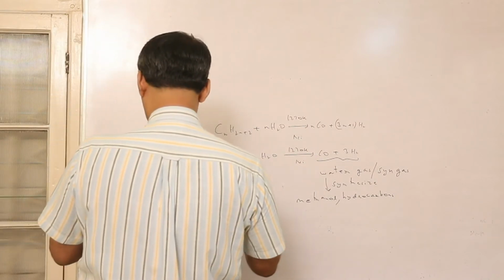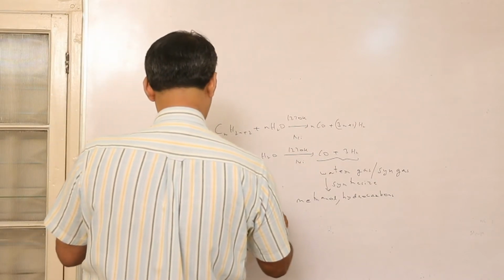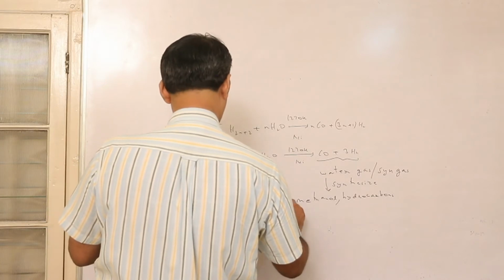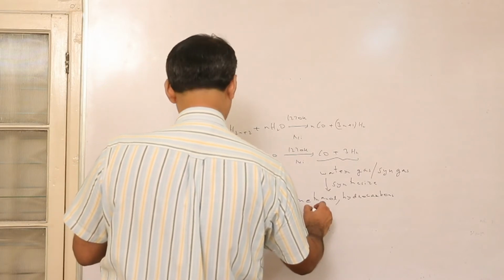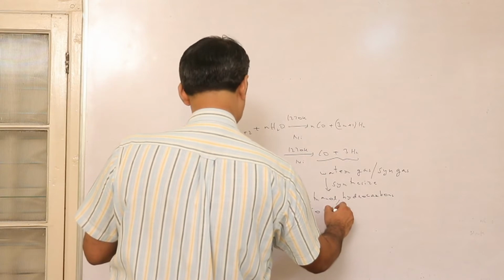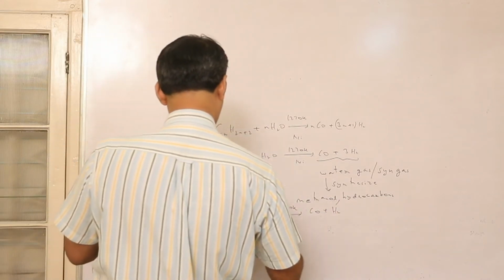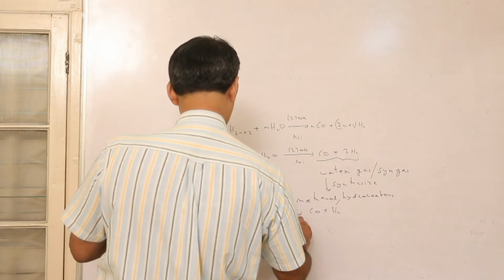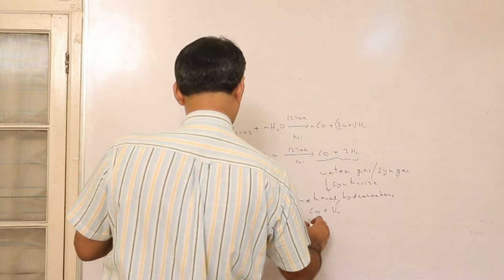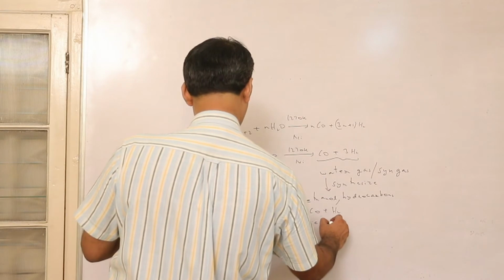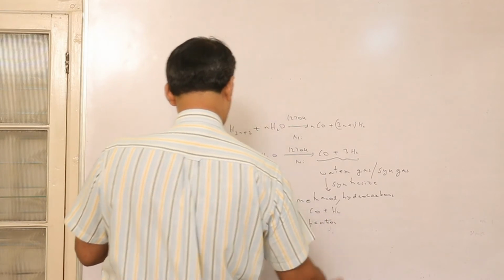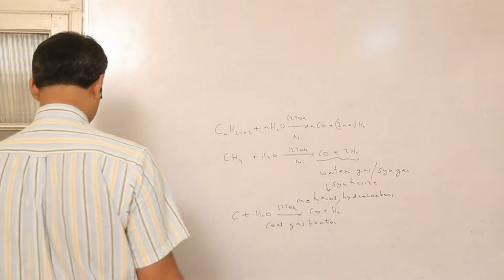Now, it is possible to produce syngas from coal. So if syngas is produced from coal, then the reaction is called coal gasification.